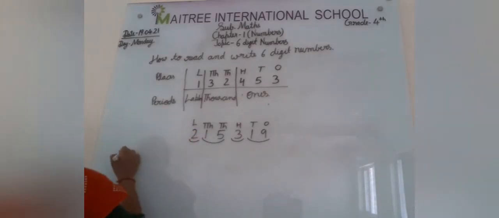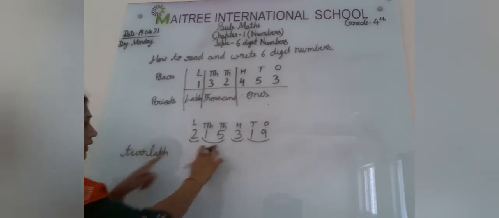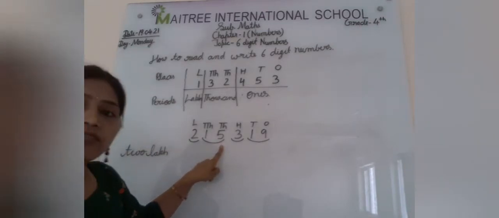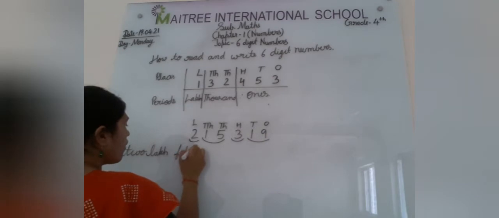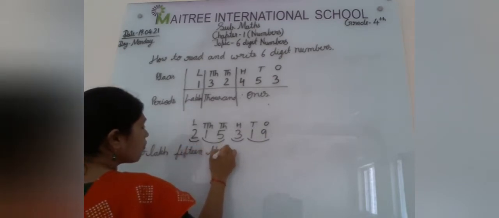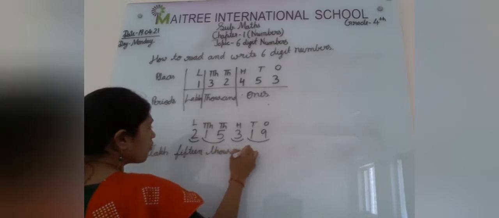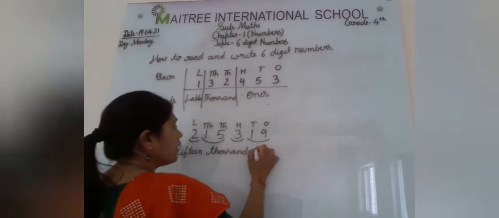2 lakh. Now we will read these two numbers together: 15,000. Now we will read this number single: 300.